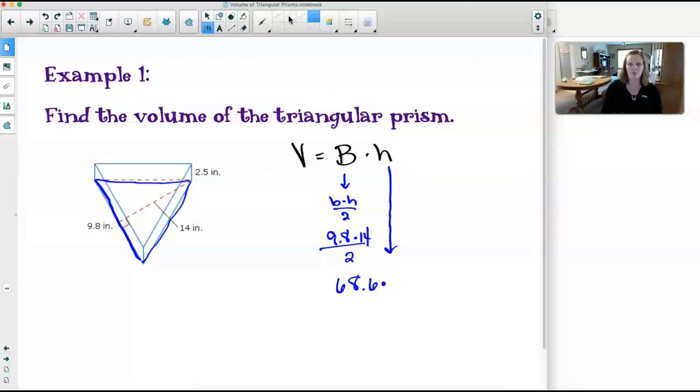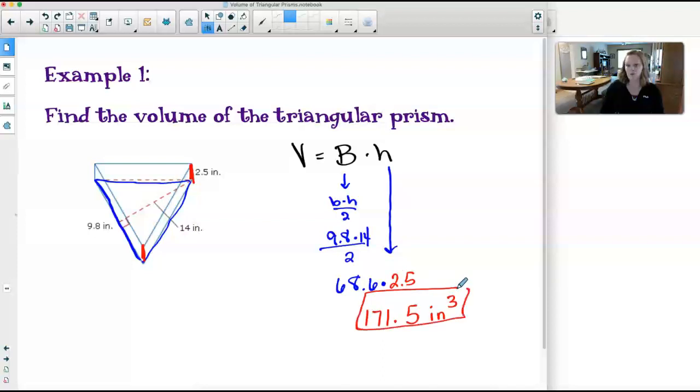The height of the prism is the distance between the two triangles. So in this case, that is 2.5. So 68.6 times 2.5, the volume ends up being 171.5 inches cubed.